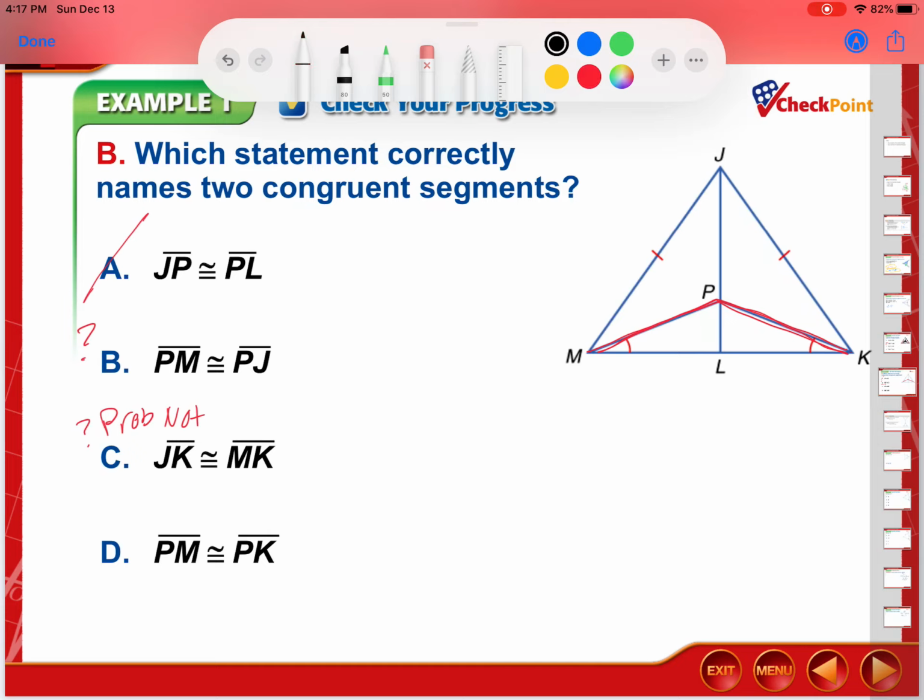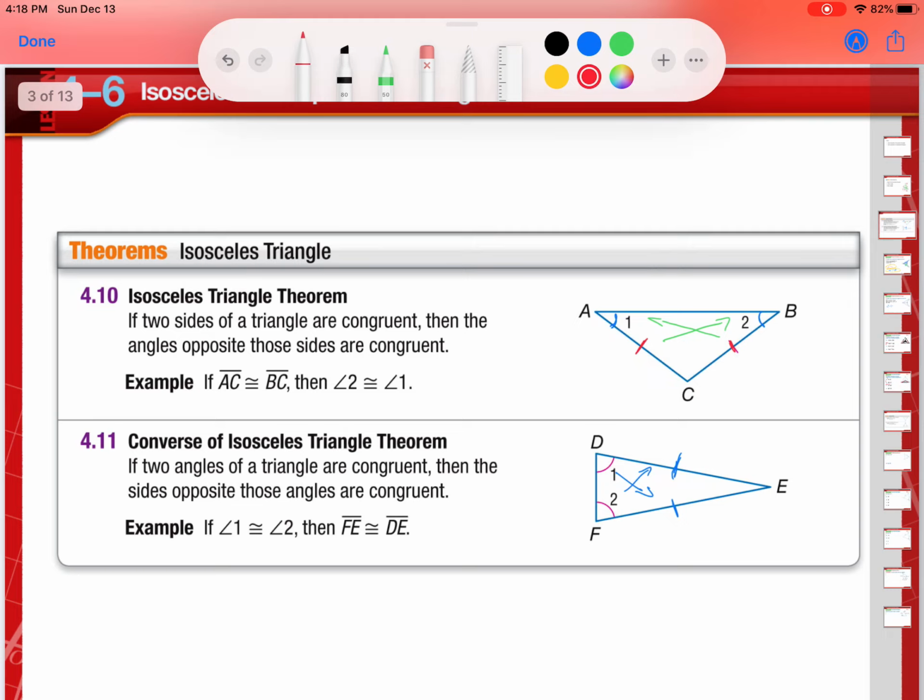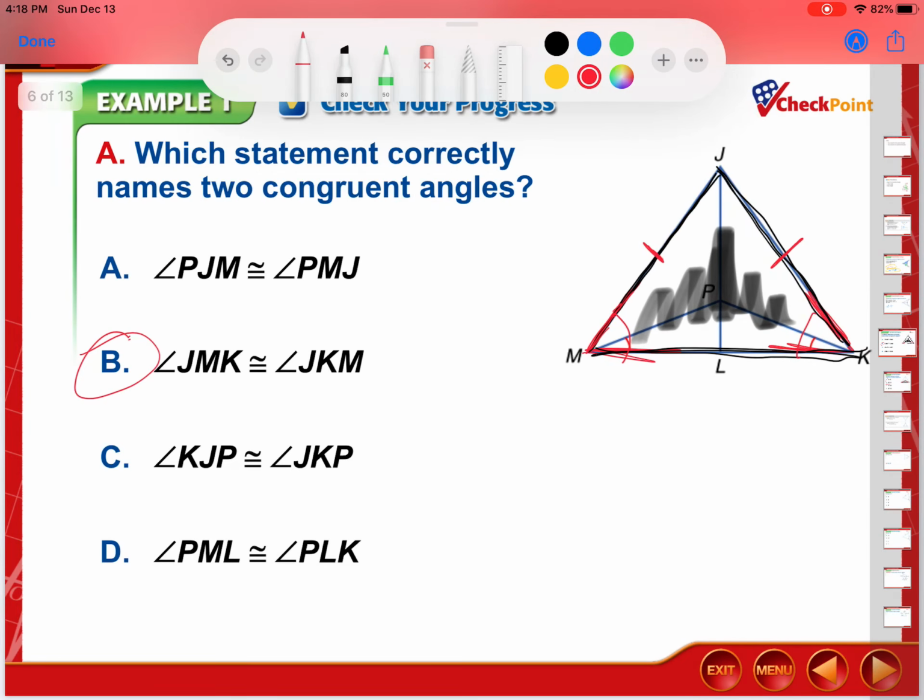And then PM and PK. So PM, this piece here, and PK, this piece here. So I actually think this one's the answer we're looking for, because once again, if we look at this whole triangle here, highlighting it in black, we do have these two base angles that are the same, which means that these two legs must be the same based on the converse of the isosceles triangle theorem.